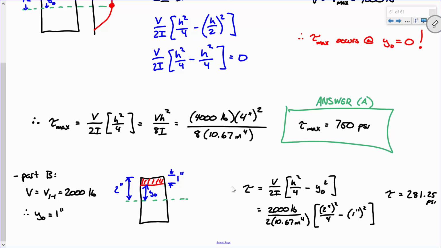Oh, that's the problem right there. That's even more mistakes today. That's 4 inches. No. Follow that out.